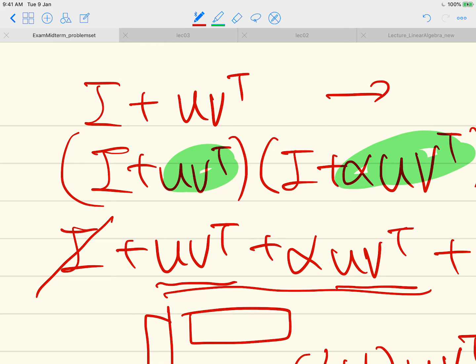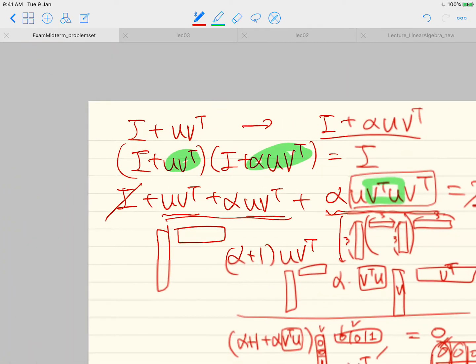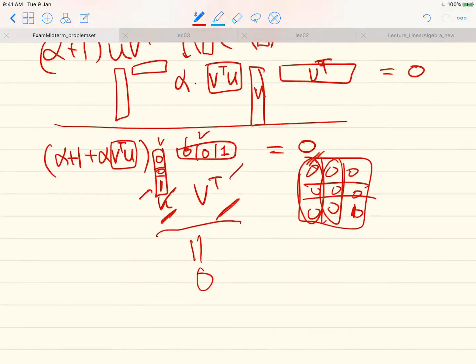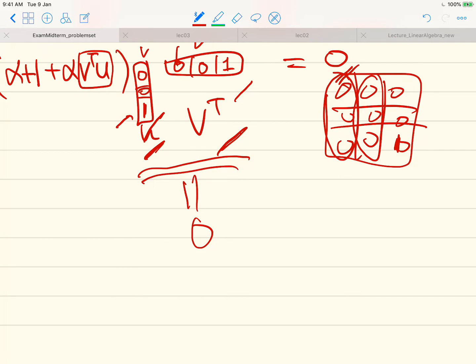So it is a trivial case that we don't consider. So u and v transpose should each be a non-zero vector to make a non-trivial modification of the matrix I. So this one cannot be a zero matrix at all, right?